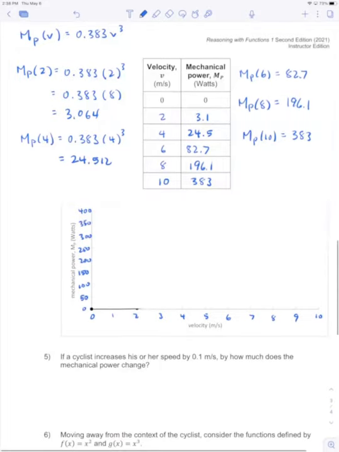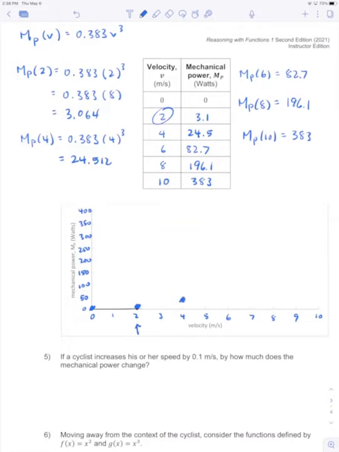Plotting these points from the table. 0, 0, we plotted first, that's pretty easy. 2, 3.1, so when I look here on the horizontal axis, I find 2. That's that 2 that I just circled. And then I go up 3.1, which is pretty small of a scale, so it's just going to be barely above the horizontal axis. If I go to 4, we're going to go up to 24.5.